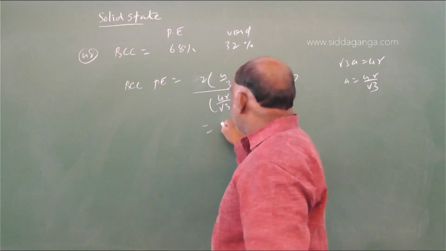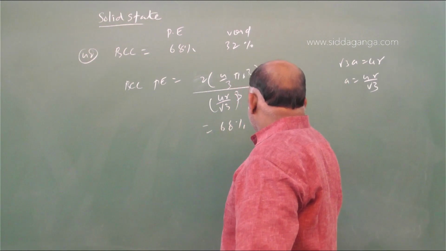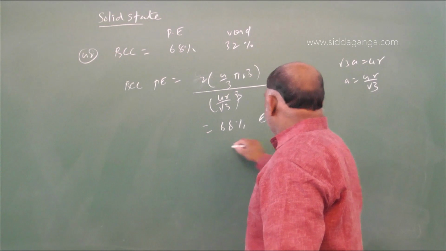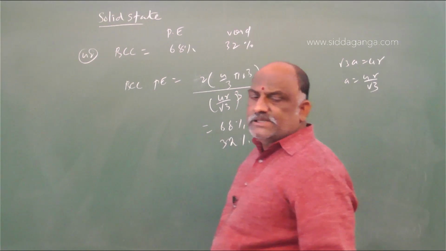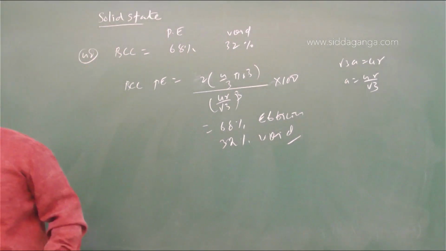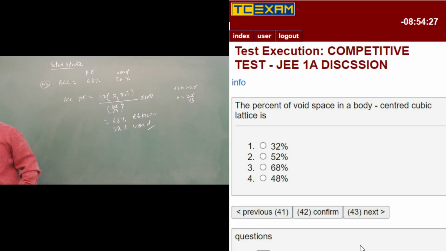On simplification we will get 68% efficient, 32% void. Vacant space 32%, direct question this is, no need to bother about this, it is direct 32%. And next question number 43.